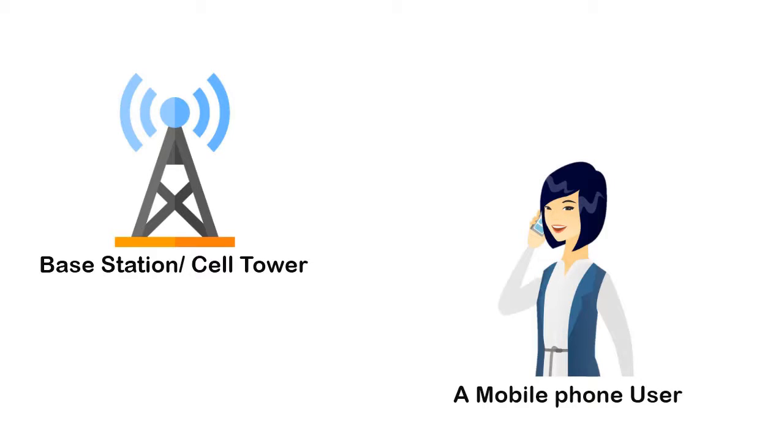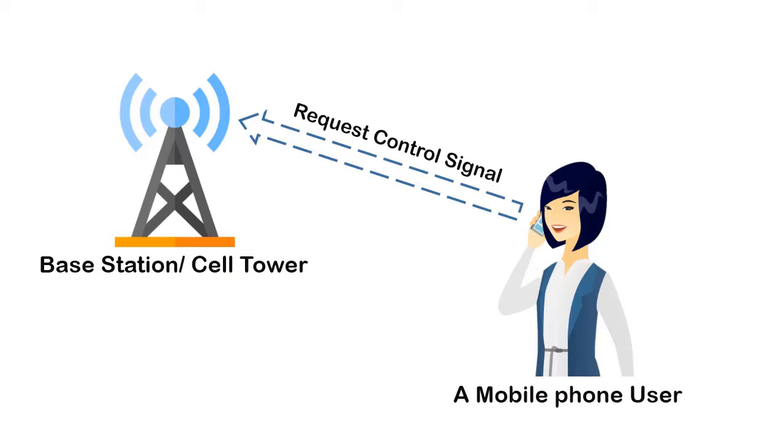Let's get started. Let's say we have a cell tower, also known as a base station, and we have a mobile phone user who is within the range of the base station or the cell tower. To perform the action of connecting the call, the user first of all sends a request control signal through their cell phone. These request control signals are received by the base station or the cell tower antennas, and they are verified.